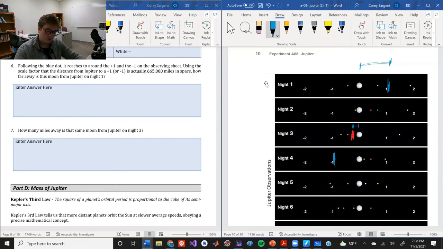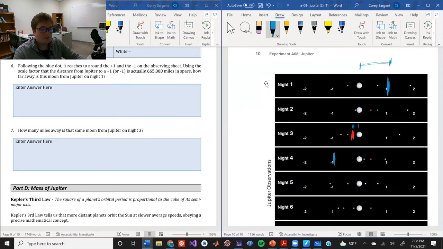We've just stated that the blue moon at this location represents its orbital radius. And previously we've said that these moons are in circular orbits. What does that mean for our orbital radius? That means our orbital radius is always constant, because a circle has a constant radius. So how many miles away is that same moon from Jupiter on night 3?